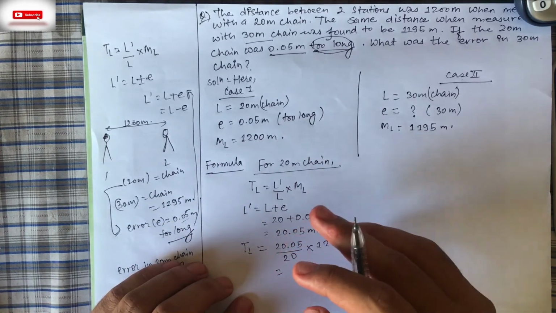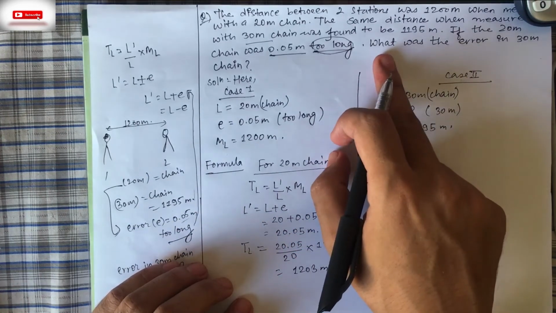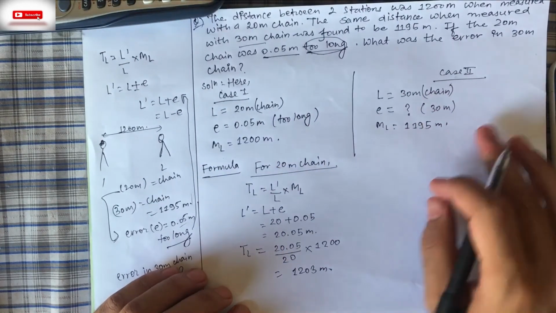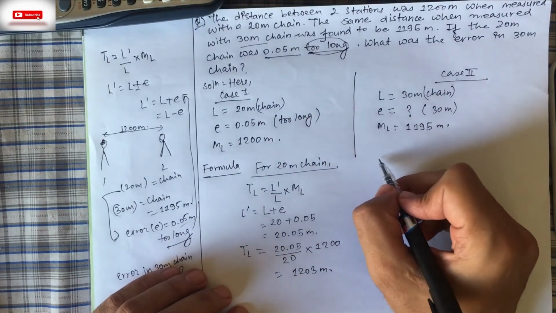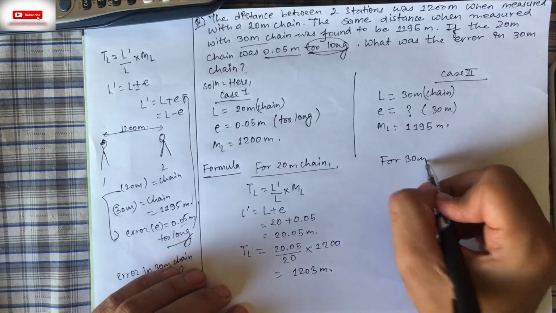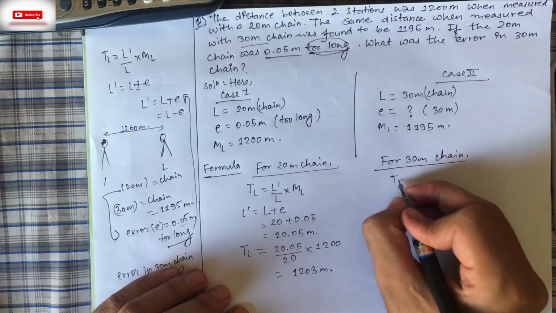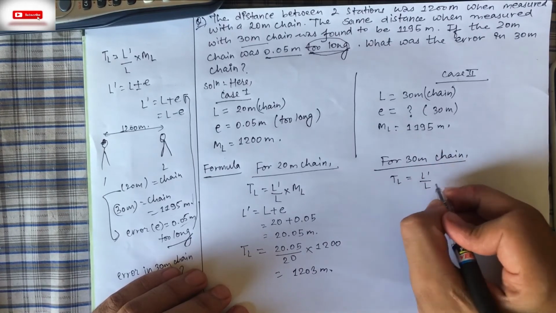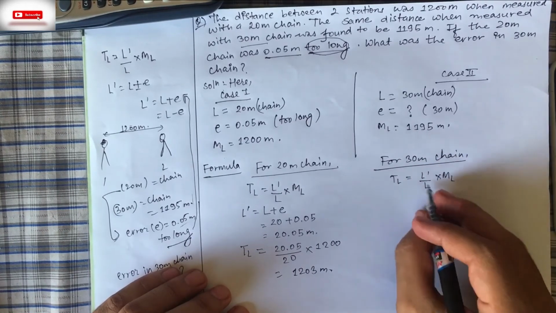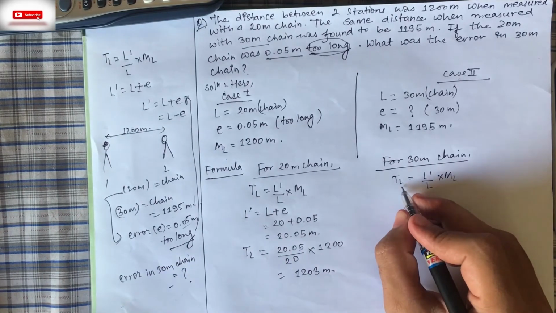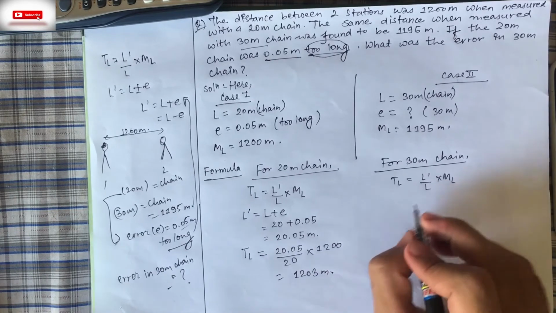Now, our question is asking what was the error in the 30 meter chain. So we need to find the error. For that, for the 30 meter chain, let's write the same formula: TL is L dash upon L into ML, and our true length is 1203.